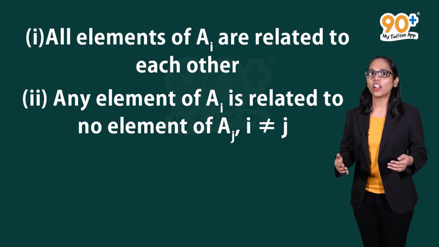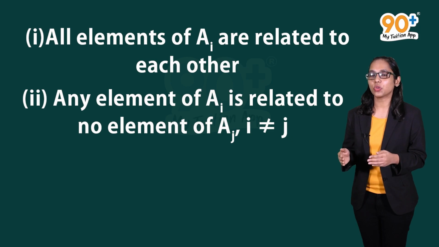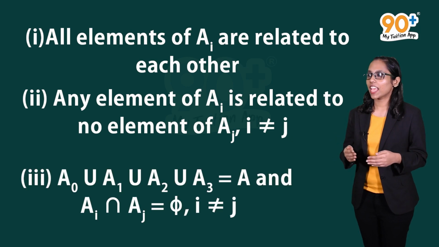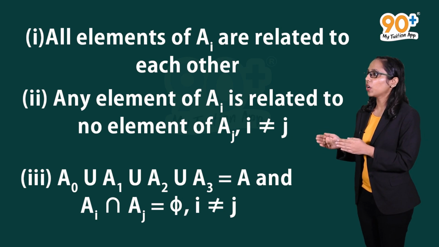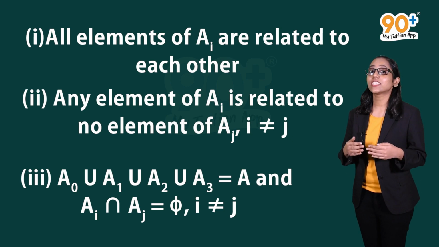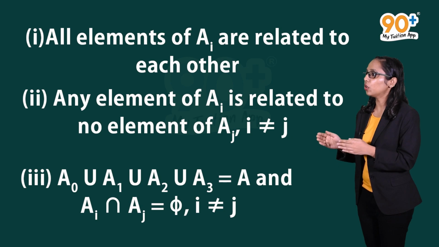Also, if we combine the elements of A0, A1, A2 and A3, we will get set A. That is, A0 union A1 union A2 union A3 equals A. And it is also found that Ai intersection Aj will be equal to the null set if i is not equal to j.